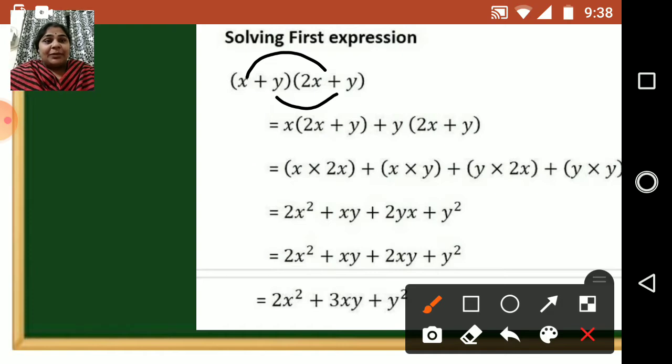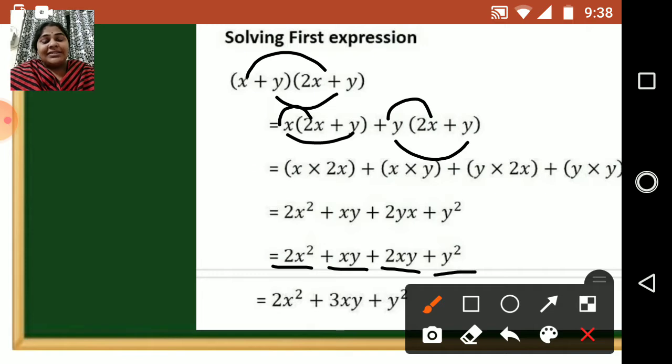So x multiplied by 2x is 2x square, x multiplied by y is xy, y multiplied by 2x is again 2xy, y multiplied by y is again y square. All are positive, so when we simplify, all our terms will be positive.